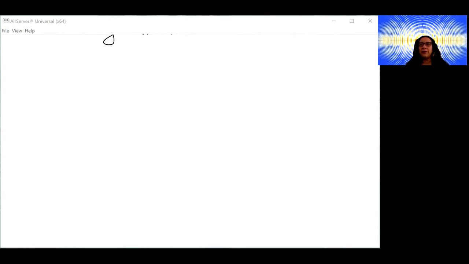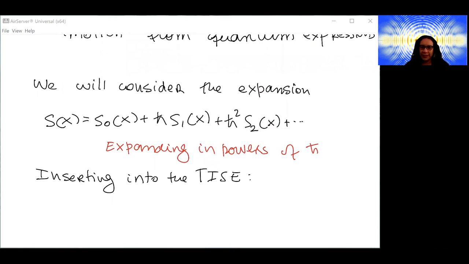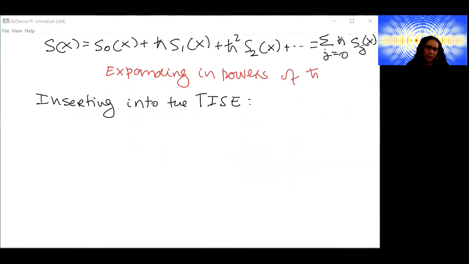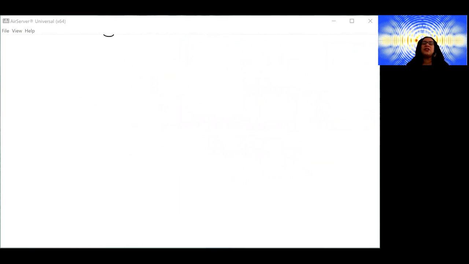Now, one way of writing this down, which is a bit nicer, is to write the sum over j equals 0 to infinity of h bar to the power j, S_j(x). So here I'm making it clear that I'm expanding in powers of h bar, but with a notation that is a bit more compact. So I'm going to insert this in the Schrodinger equation.